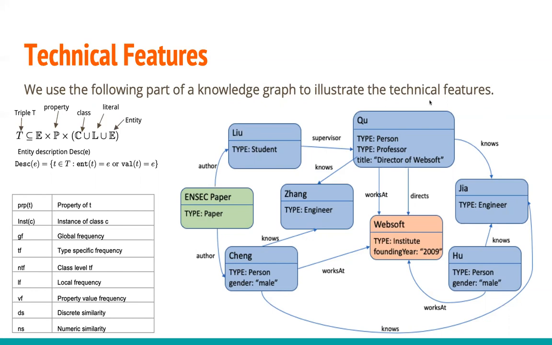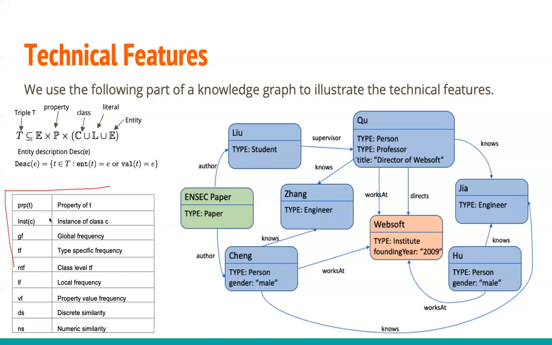We'll also pay some attention to some notation here. If you look at this table, basically for a property of a triple, we describe an instance of a class, meaning an entity belongs to a class. The instance inst(C) means an instance of a class, that is, an entity of a specific class.